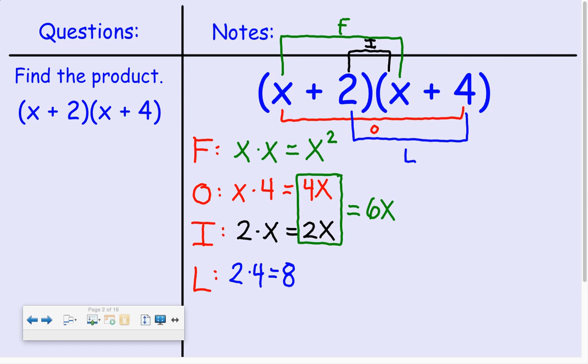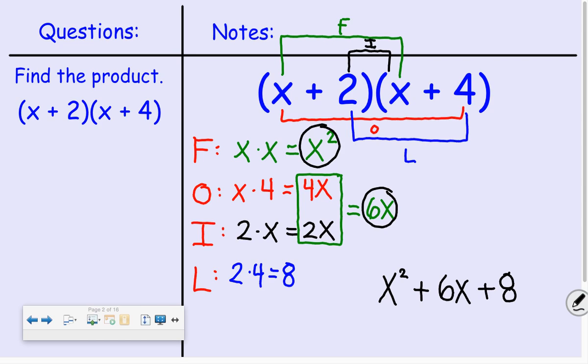So now I'm going to combine all three parts into my answer. x squared, which came from right here, 6x, which came from right here, and 8, which came from right here. So that is my answer, x squared plus 6x plus 8.